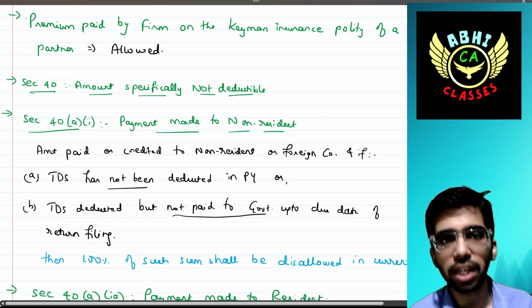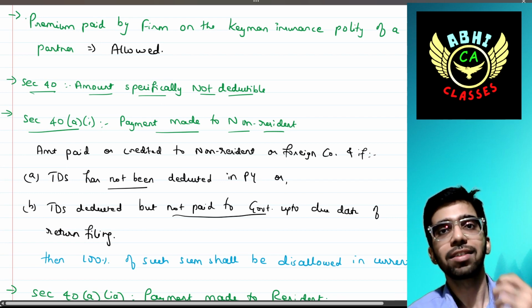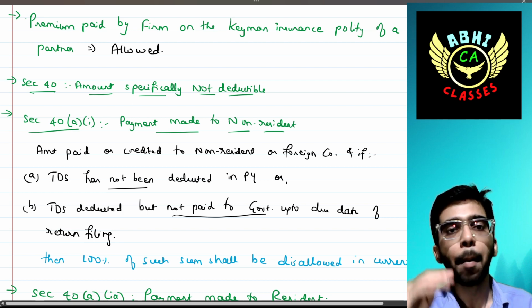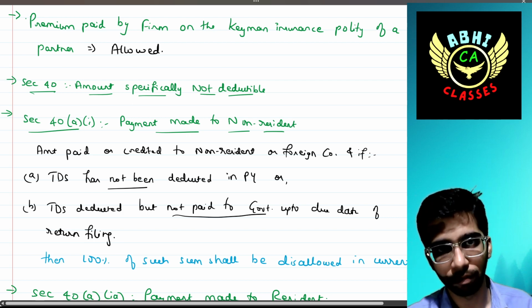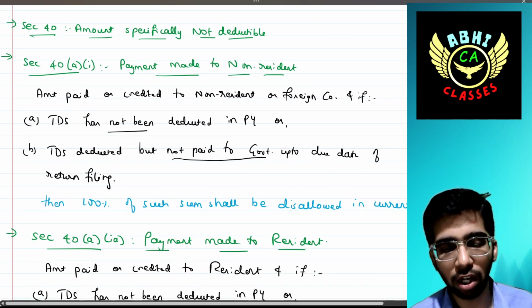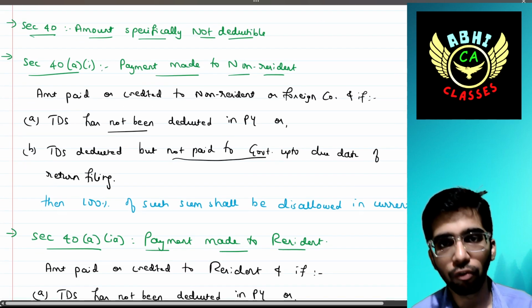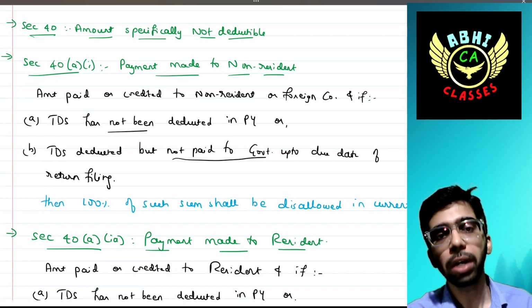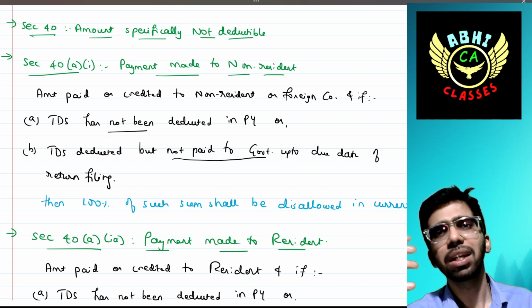amounts specifically not deductible. It says section 40(a)(i): payment made to NR. NR means non-resident. Any amount paid or credited to an NR or foreign company, and if TDS has not been deducted in the previous year. What do you mean by TDS?